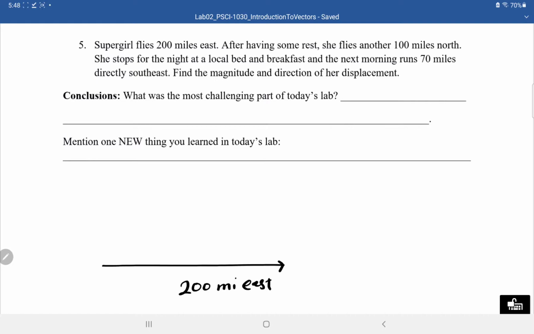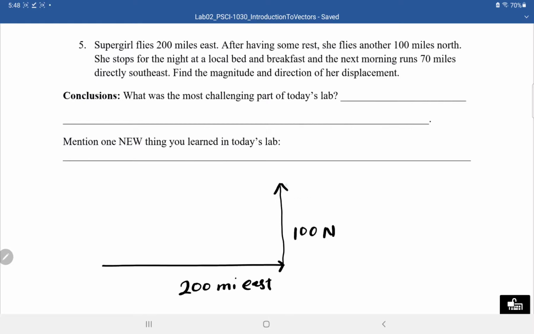Then after having some rest, she flies another 100 miles north. So this is another 100 miles, north. And then she stops for the night at a local bed and breakfast, and the next morning runs 70 miles directly southeast.